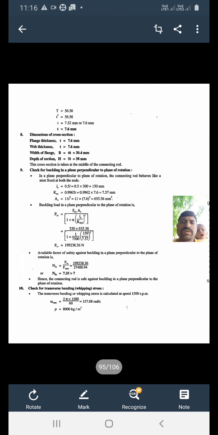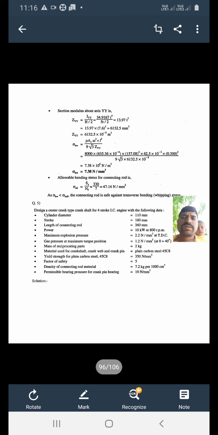Check for transverse bending stress or whipping stress. W max is equal to 2 pi into 1500 divided by 60. You will get W max. Rho is equal to 8000. Section modulus about axis YY: ZYY is equal to IYY divided by H by 2, which is 13.97 into 7.6 raised to the power 3.